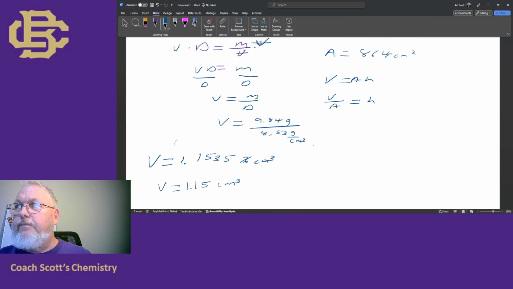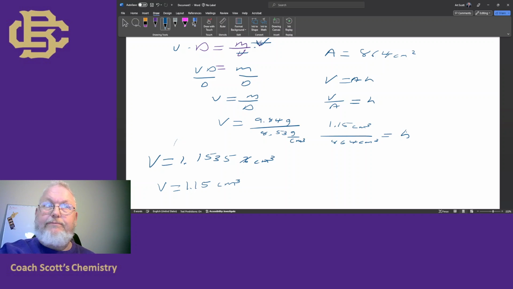So I'm going to put my 1.15 cubic centimeters and divide by my area, 864 square centimeters, and that'll give me my thickness or my height. Let's do it. 1.15 divided by 864.